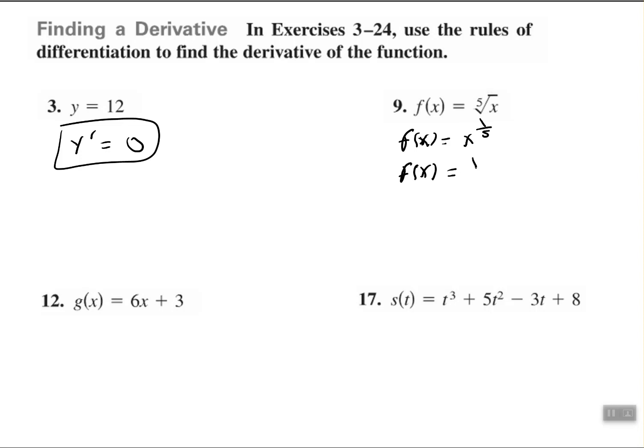In this case, subtracting 1 would be the same thing as subtracting 5 over 5. I normally don't leave negative exponents, so f prime of x is 1/5 times x to the positive 4/5 power.